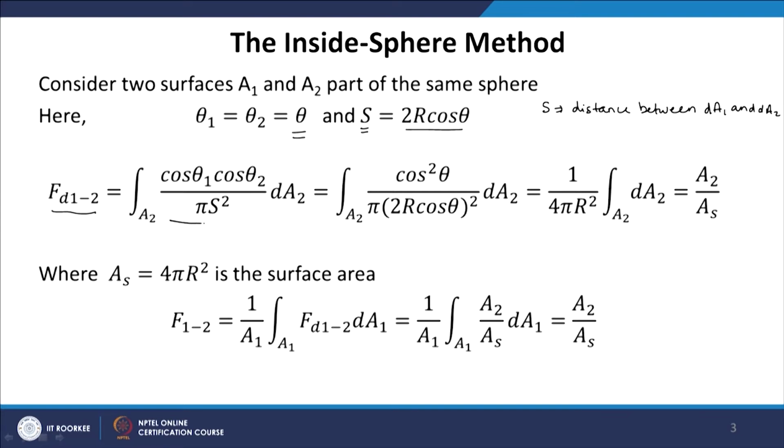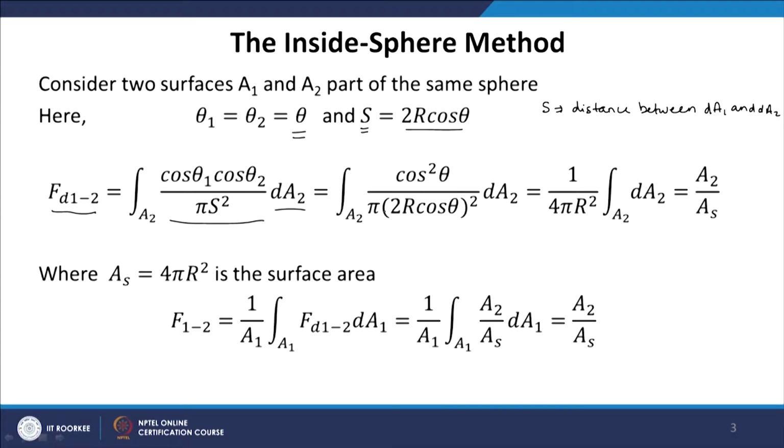So, cos theta 1 cos theta 2 upon pi S square is the small element view factor between dA1 and dA2, and when we integrate over the entire surface A2, this will be the view factor F d1 to 2. We can substitute for theta 1 and theta 2 in this expression. So, this becomes cos square theta, and we substitute for S. S is 2 r cos theta, and this now becomes equal to 1 upon 4 pi r square.